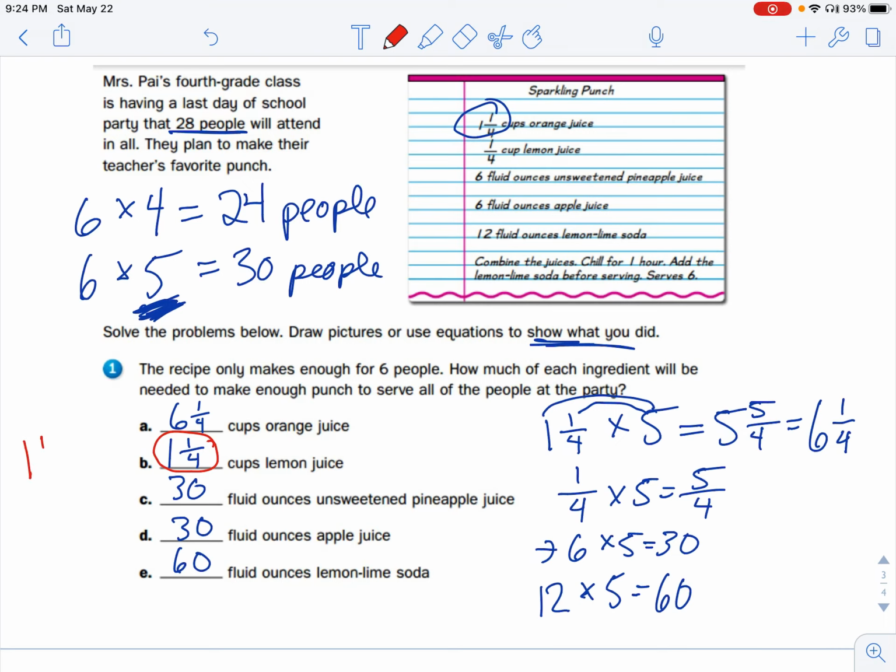And that rings true even when you have fractions. No problem, right? We know 8 times 1 is 8. 8 times 1/4 is 8/4. Oh, my eyes! An improper fraction in a mixed number. Luckily, I know 8 divided by 4 is just 2. So this would come out as 10 fluid ounces.